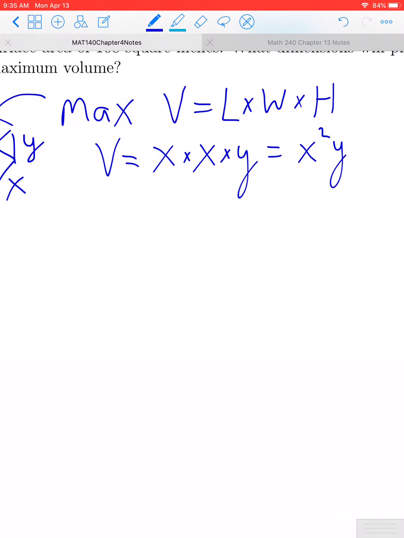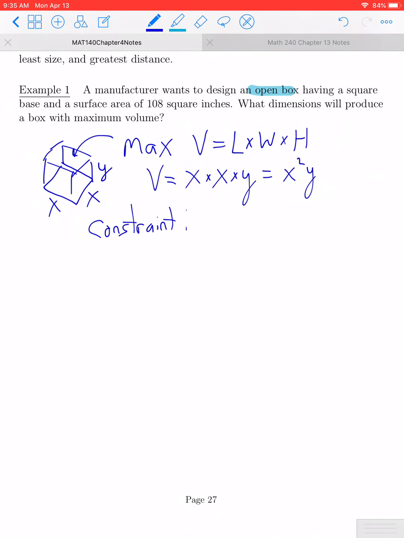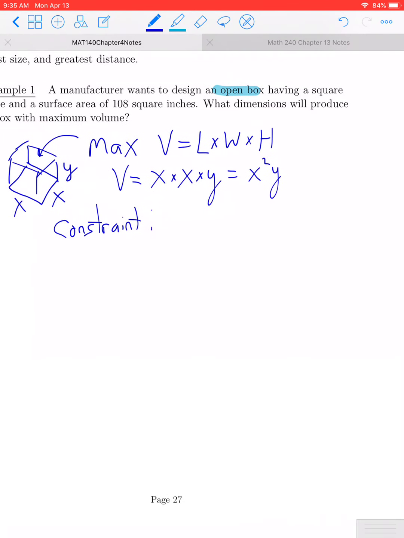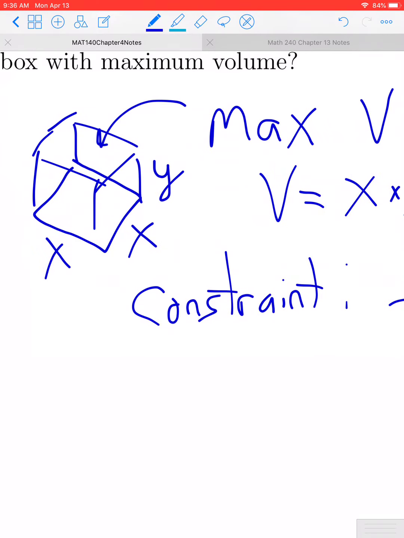However, we're constrained to the following scenario. Our constraint equation here is that the total surface area must be 108 square inches. If we look at the box in terms of the surface area, because it's open at the top, it will only have 5 sides.